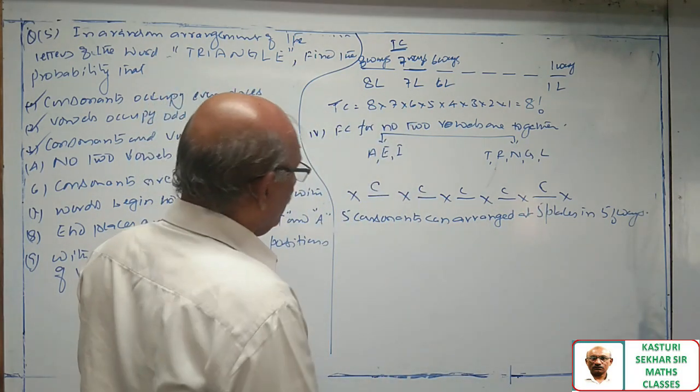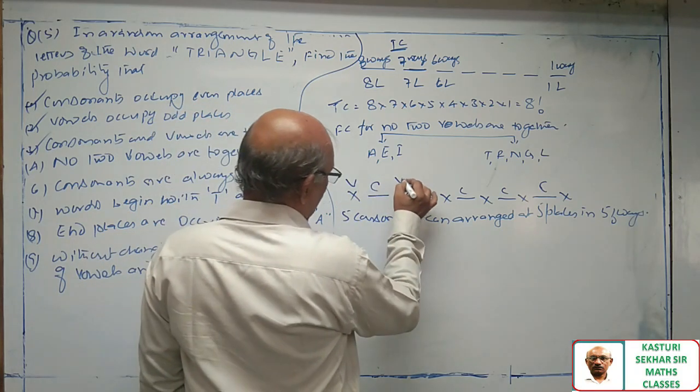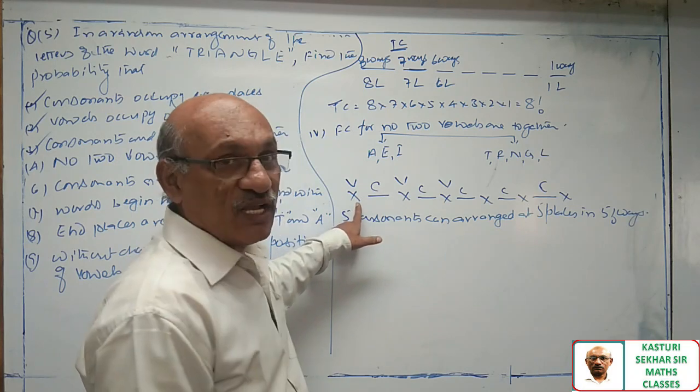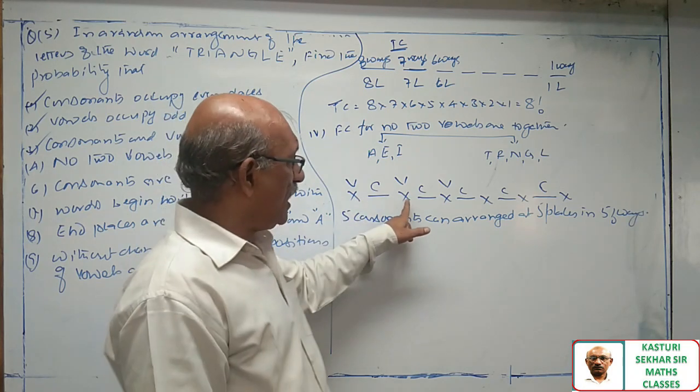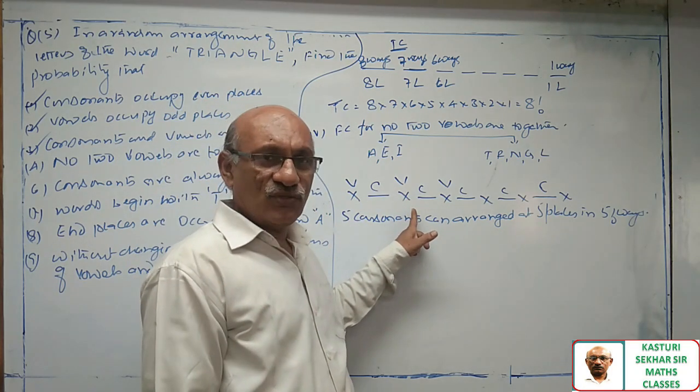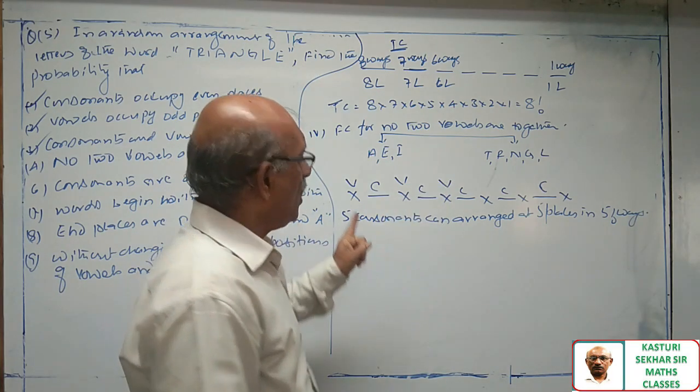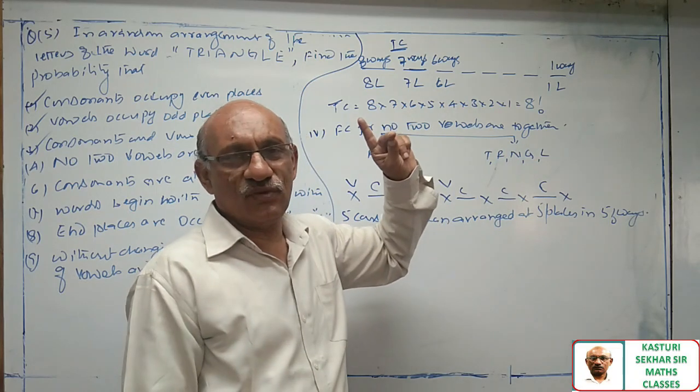Okay, at these places, if I put vowels this way, between two vowels there is a consonant. Here also between two vowels there is a consonant. It means no two vowels are coming together. You can take any 3 places out of 6.